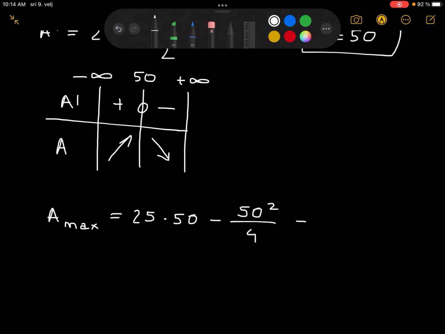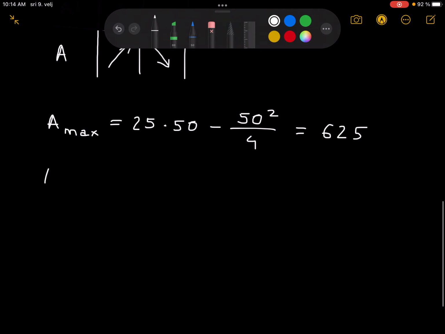And once we compute this, we'll get 625. So the maximum area of this triangle is equal to 625 units of measure.